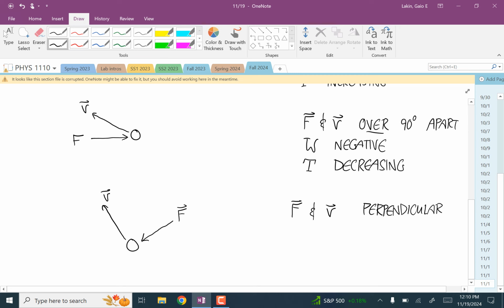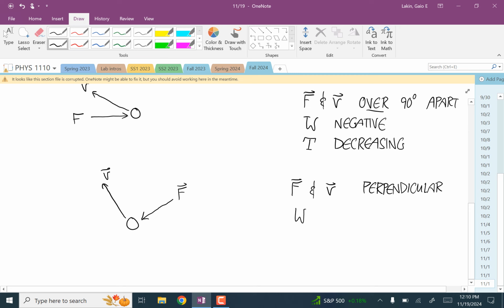And so that force isn't causing a parallel part of acceleration at all. It's only causing a perpendicular part of acceleration. And all that does is turn things. It doesn't change the speed. Turning doesn't have any effect on kinetic energy. Kinetic energy only cares about speed. So this has a zero work, and that means that there's no change in the kinetic energy.